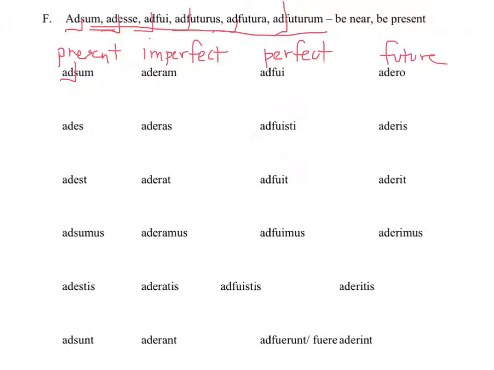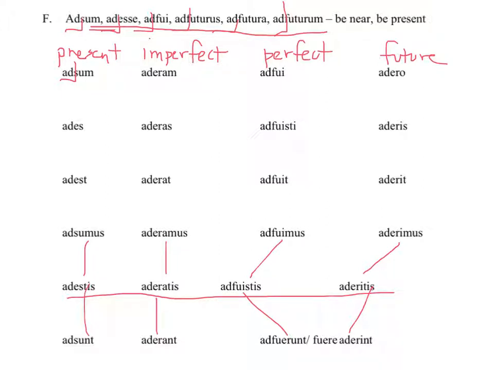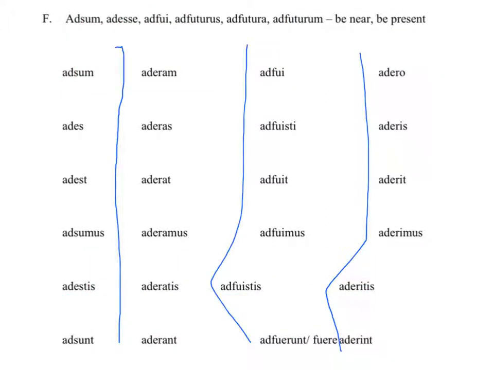So relatively simple. Sorry that the formatting is a little bit off down here. The spacing is not quite where it should be. But you can see what goes with what. There, that's not beautiful, but it does show you what goes where. Note the alternative form down here, where you have fuerunt and fuere, and then aderunt is part of the future.